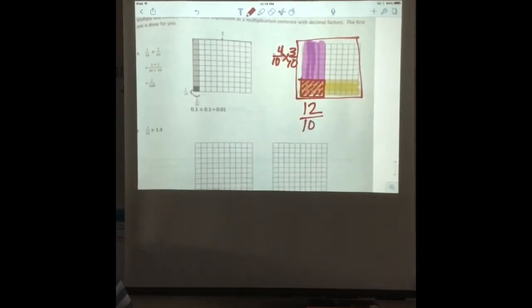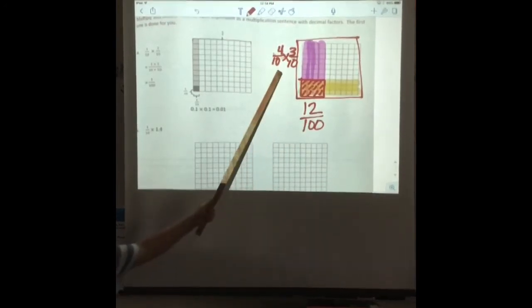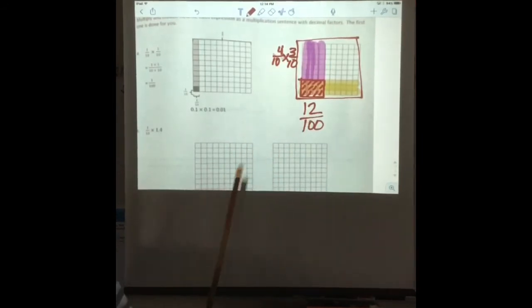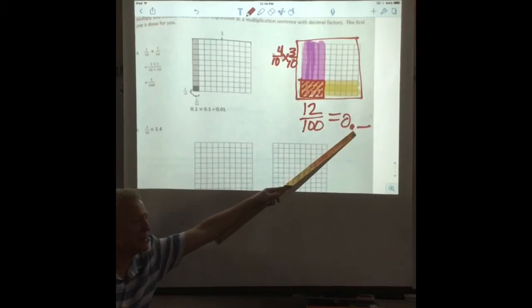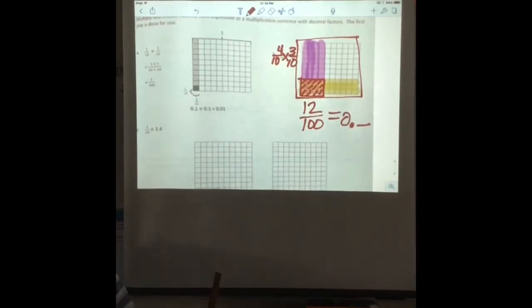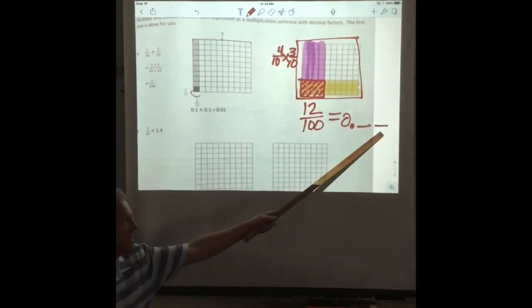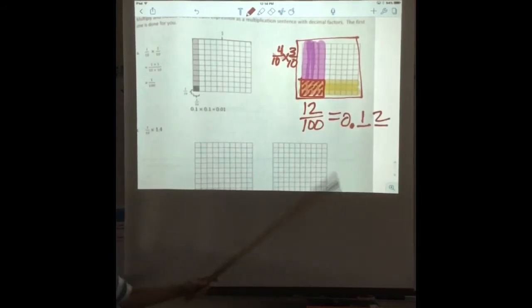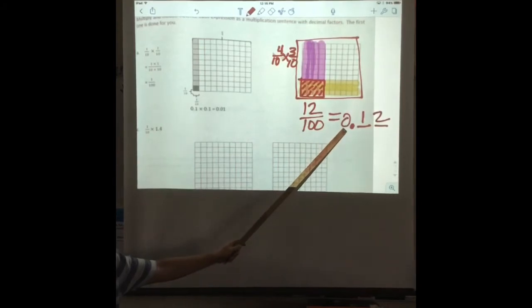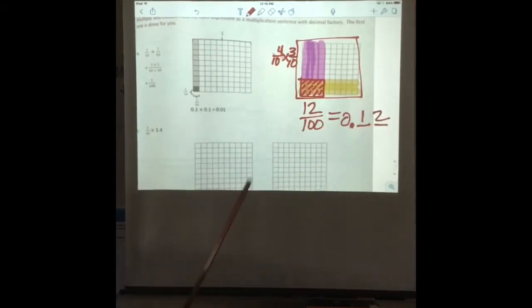So it'd be 12 hundredths. How would we write this as a decimal? Well, remember, we have a 0 and a decimal point. This is out of tenths, or 10 pieces, and this is hundredths, or 100 pieces. So we put our 12 right here. So 12 over 100 would equal 0.12.